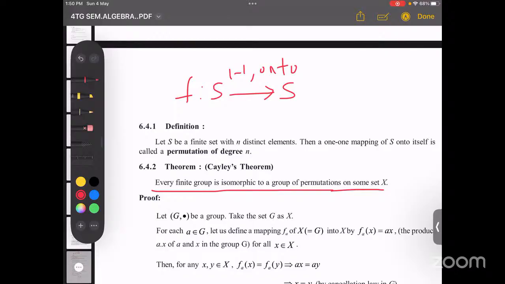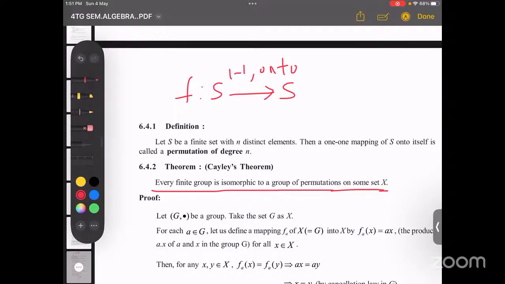These 4 conditions you have to show for isomorphism. Then to a group of permutations on some set X. Permutation means you have to show the conditions of 1-1 and onto. So here we have to show 6 conditions, with respect to isomorphism and permutations.